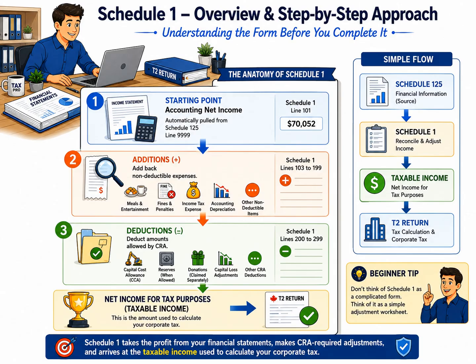Its job is simply to convert accounting profit into taxable income by applying the CRA's tax rules. Once you understand this overall structure, completing Schedule 1 becomes much easier because every adjustment you'll learn later fits into one of these 2 categories, either an add-back or a deduction.